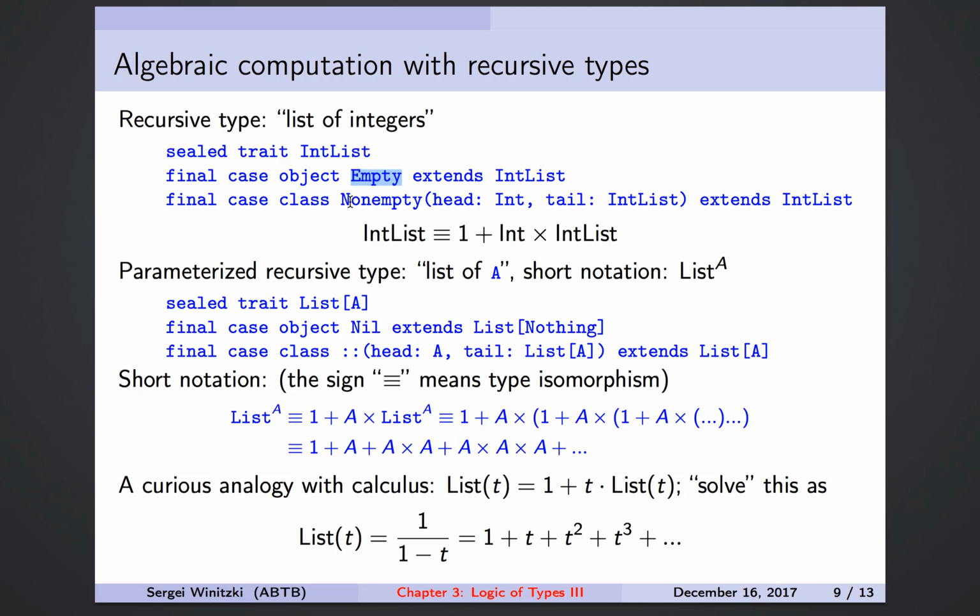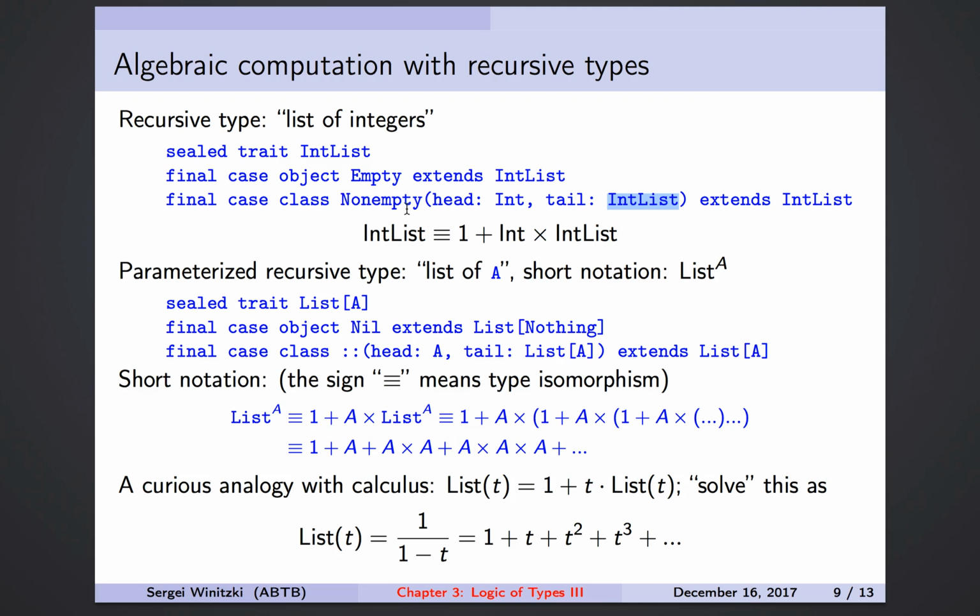And the next one is non-empty, which has two parts. One is integer, and the other is IntList. So it's referring to itself in the definition of the type. So in this sense, it is recursive. It's a recursive type. This is allowed, so that you can do this in Scala.